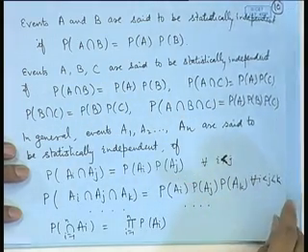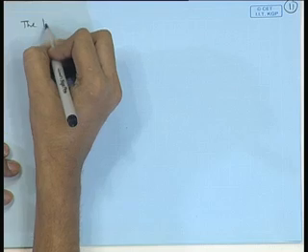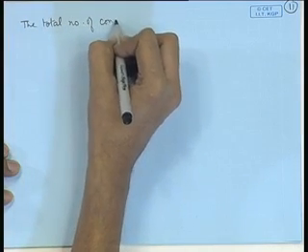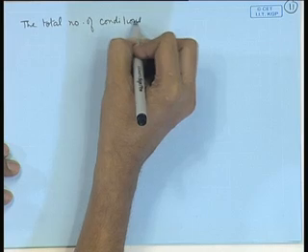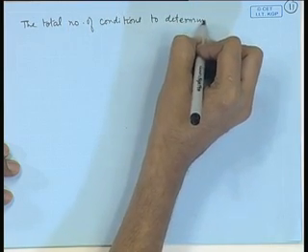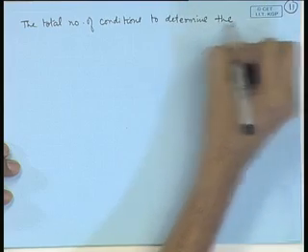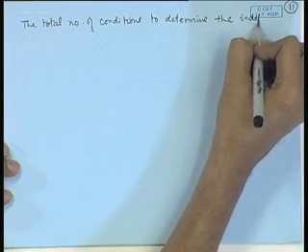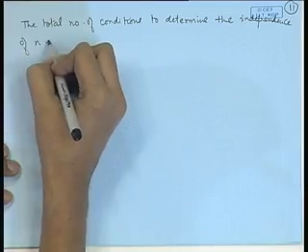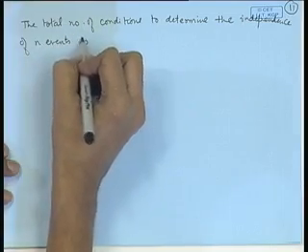So, how many total number of conditions are there? Total number of conditions to determine the independence of n events is, let us look at how many conditions are there.